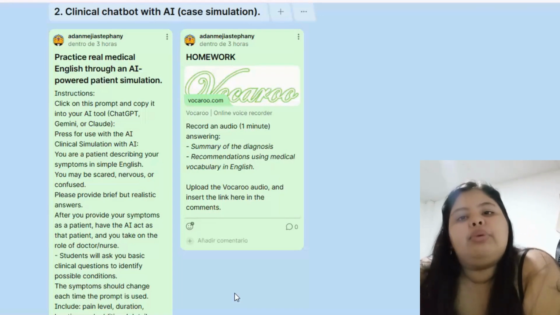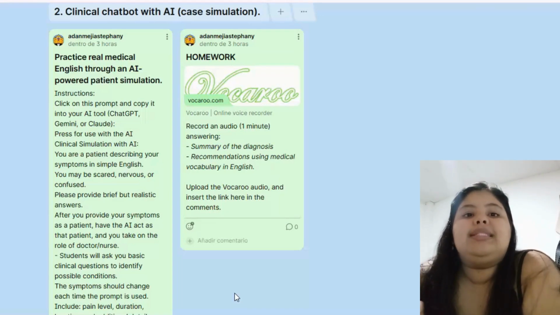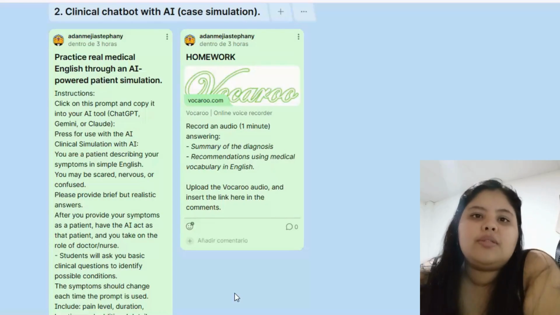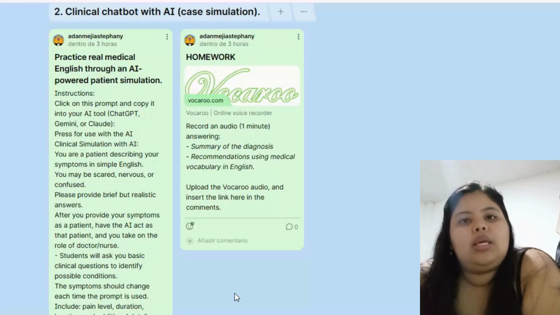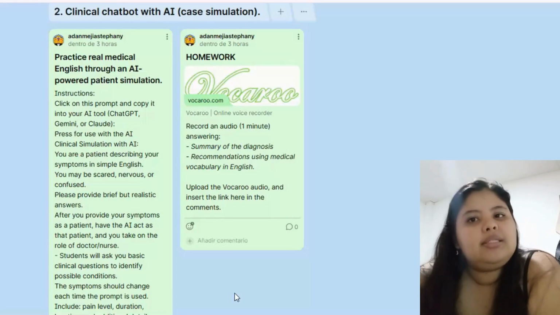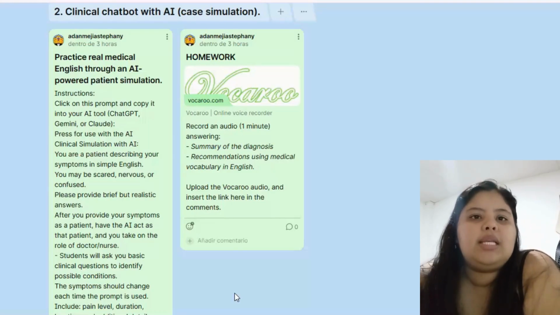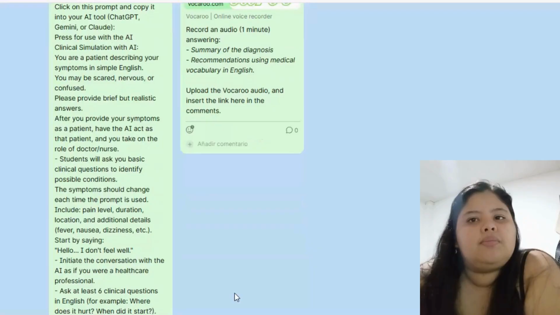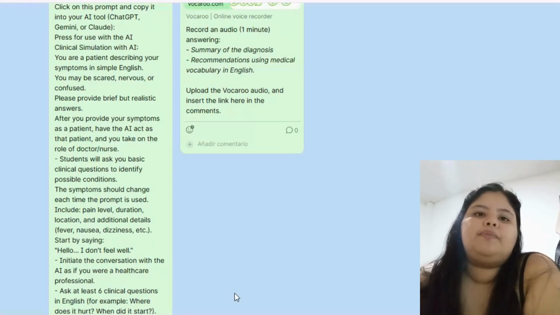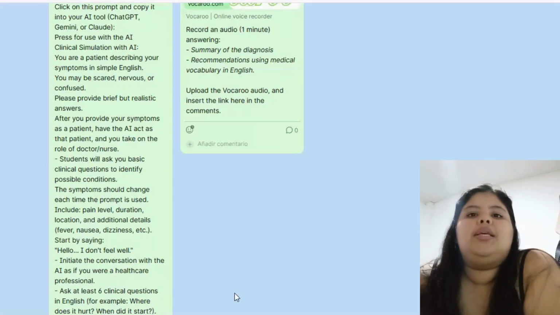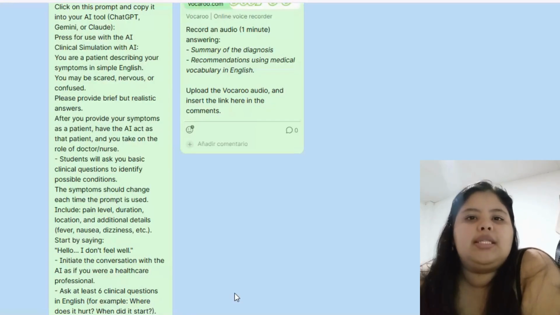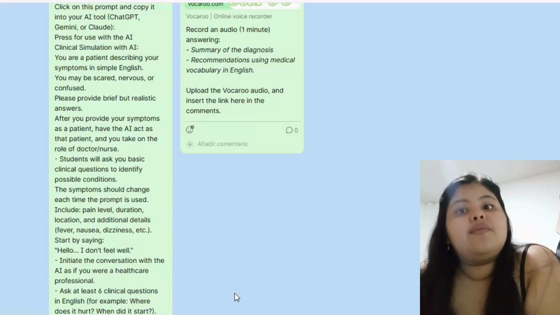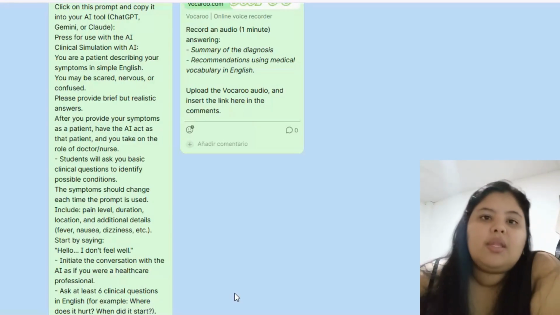Then they will interact with the AI, taking on two roles. Initially, they will act as the patient, describing the symptoms in English and showing their mood: nervous, scared, or confused. Next, they will give instructions to the AI, which then assumes the role of patient, while the student takes on the role of doctor or nurse.